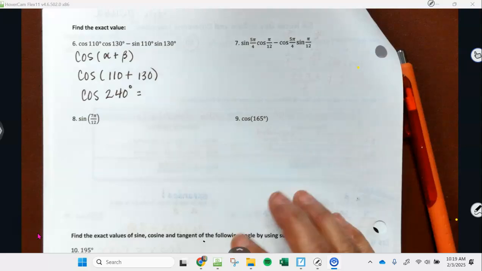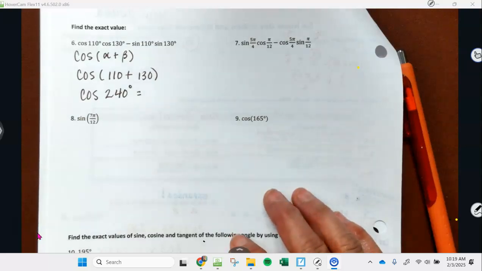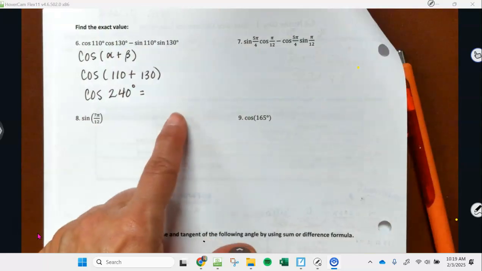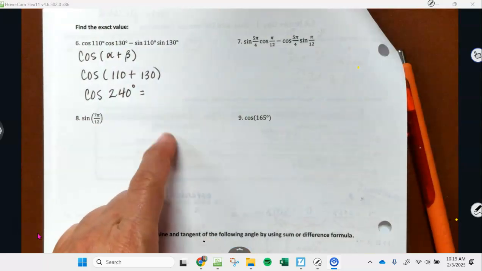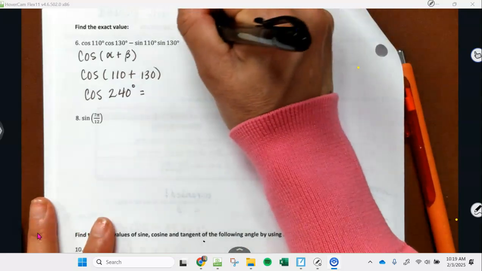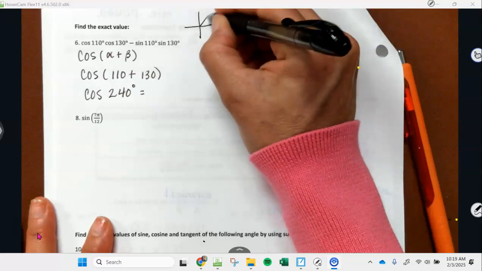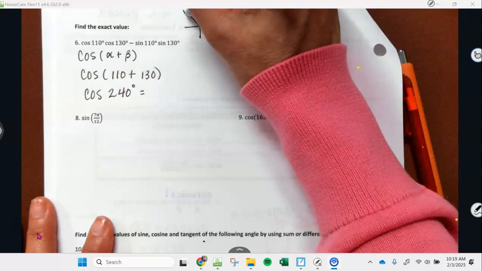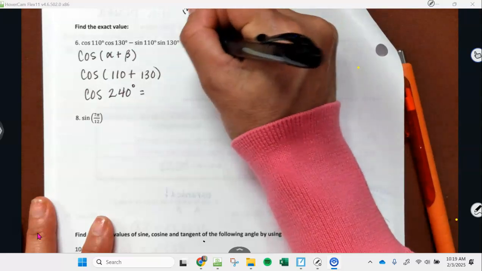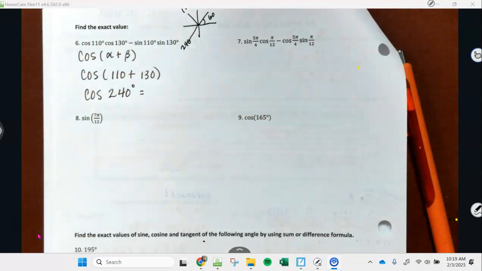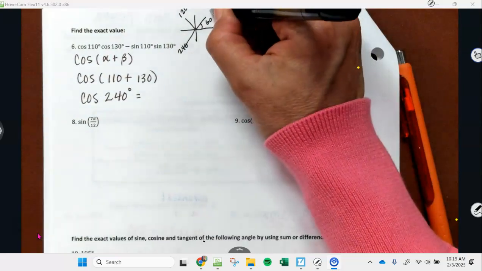Now, I don't know about you guys. If y'all have that cosine value memorized, that is so awesome. I just have them in radians. So remember, this is kind of how I back into it because I don't have the radians memorized for 240. But I know that if this is 60, this is 120, and this is 240. So these are all in increments of 60s. 60 is pi over 3.